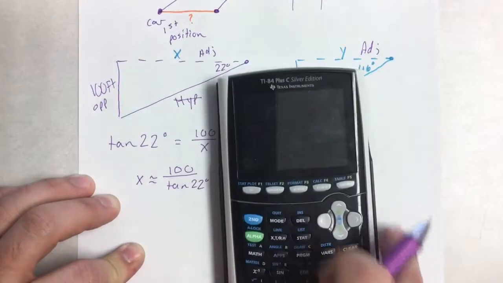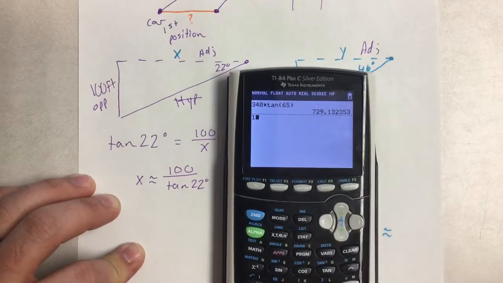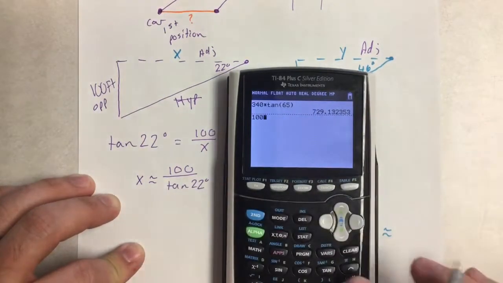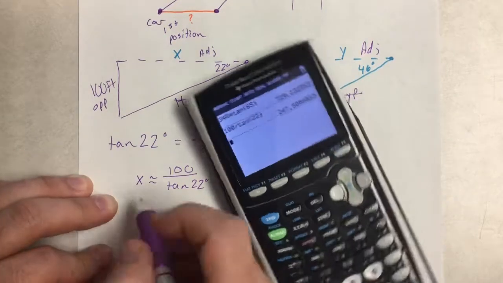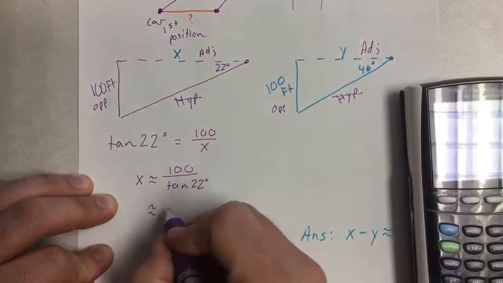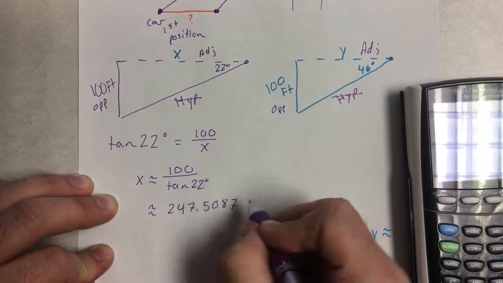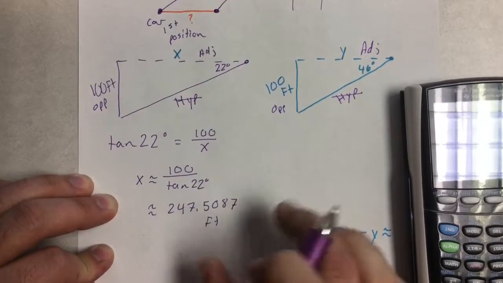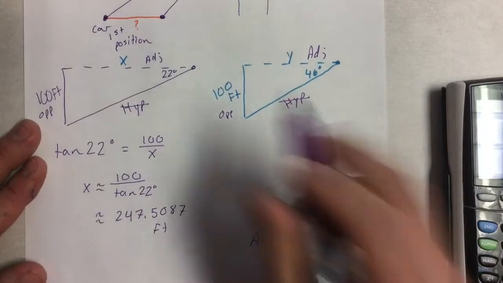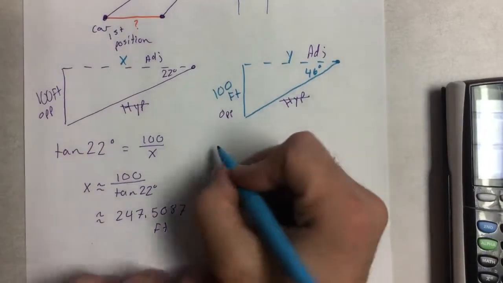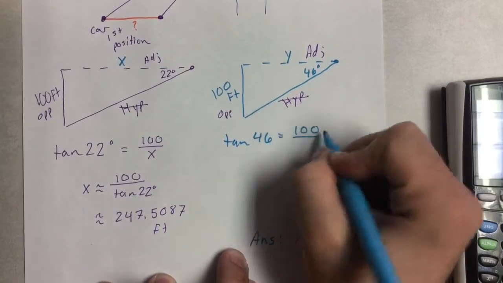So this would be approximately, notice 100 is first, so it's 100 divided by tangent of 22 degrees. 247.5087. This would be feet. I'm not going to round to a whole number until we're completely done. And then over here, we have tangent of 46 equals 100 over y.